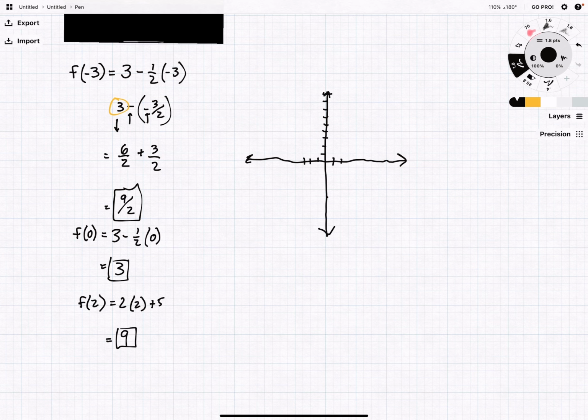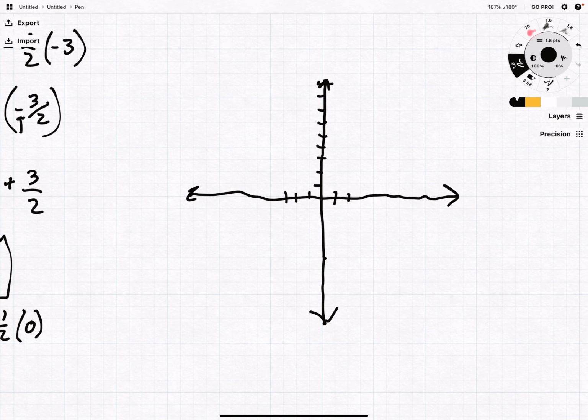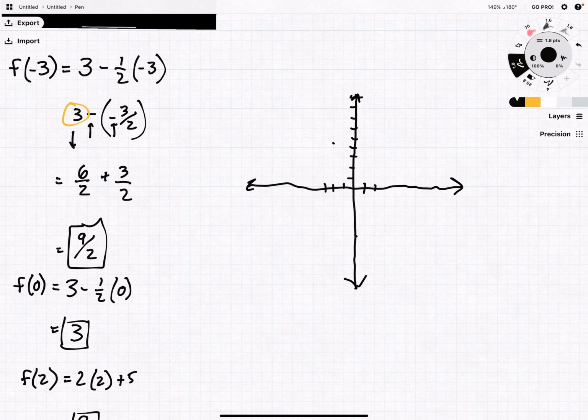So at negative 3, we have positive 9/2. That's 4.5. So negative 3 up 1, 2, 3, 4.5. Right about there. Then at 0, we get positive 3.